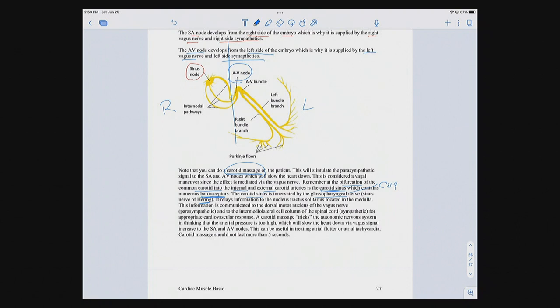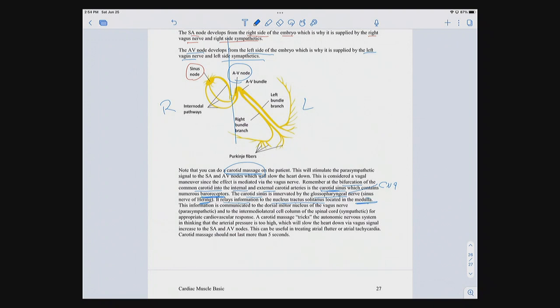Then it's going to be communicating back to the central nervous system. It relays information from that sinus to another structure called the nucleus tractus solitarius, which is located in the medulla of the brainstem, or the medulla oblongata. So in the lower part of the brainstem, there's a cluster of neurons, and they're called the nucleus tractus solitarius.